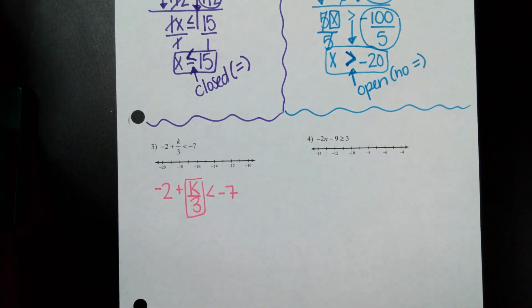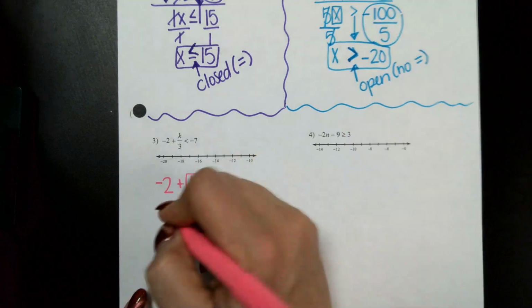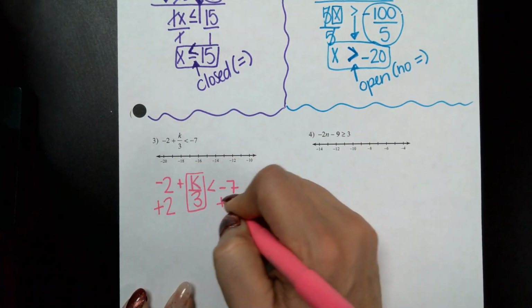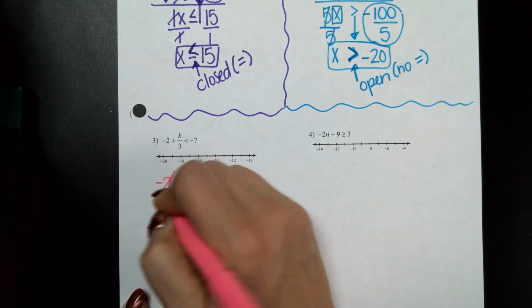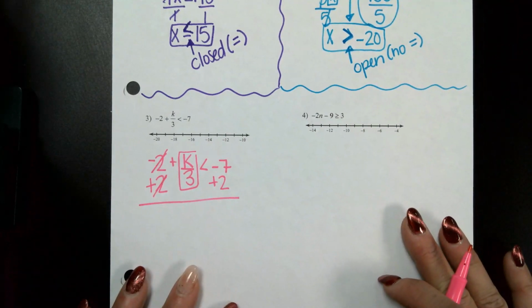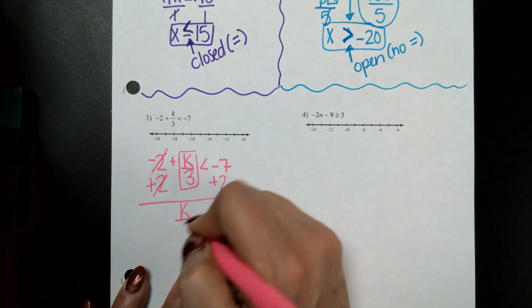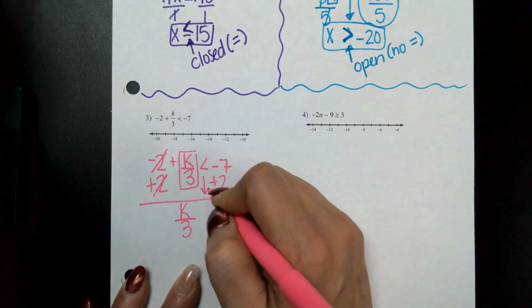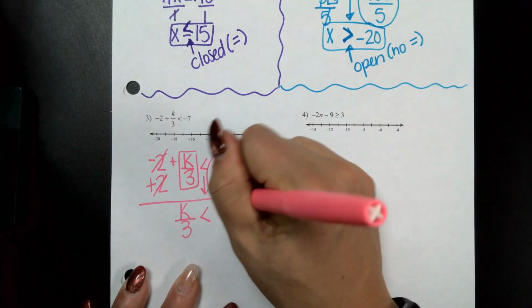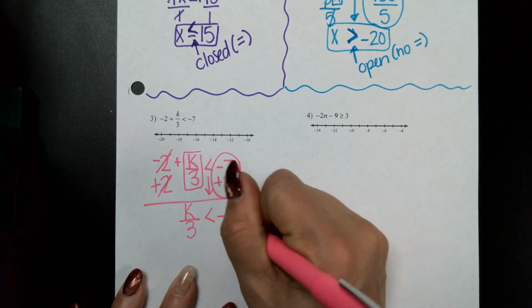I just want to move the constant, the number that's standing alone. How do I move that one? You're going to add a positive 2 to cancel out the negative 2. Bring down your fraction, so k divided by 3. Bring down your symbol, and then negative 7 plus 2 is negative 5.